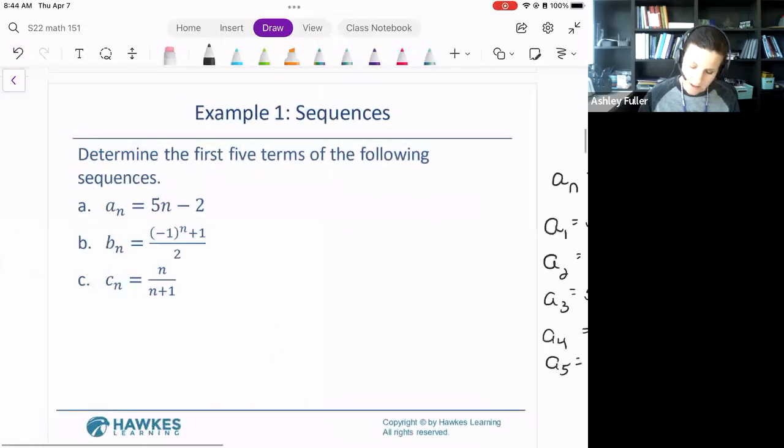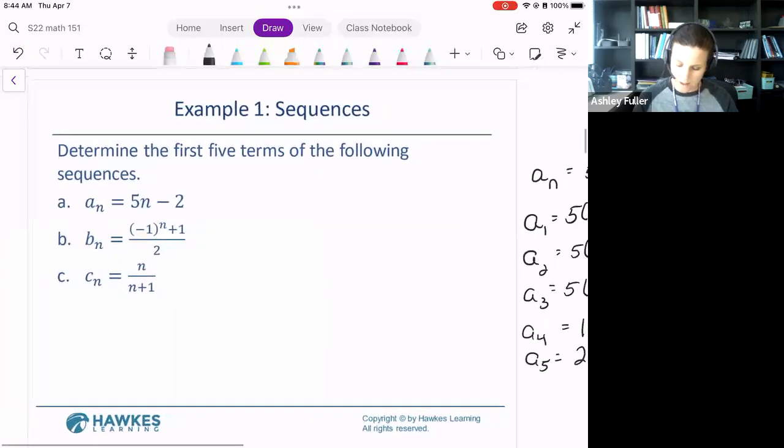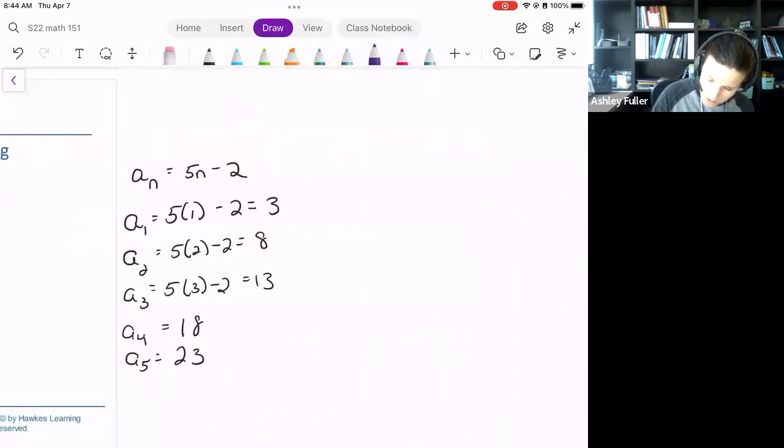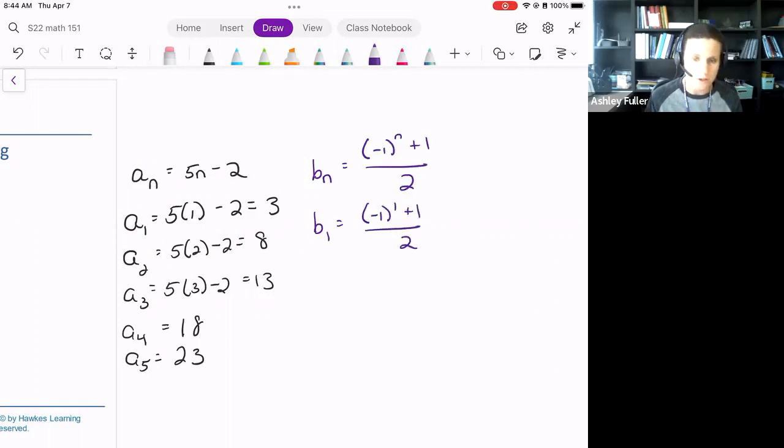Our second sequence here, b sub n, is -1 to the n plus 1, all over 2. To calculate that first term, we're going to have -1 to the first plus 1 over 2, which ends up to be 0.